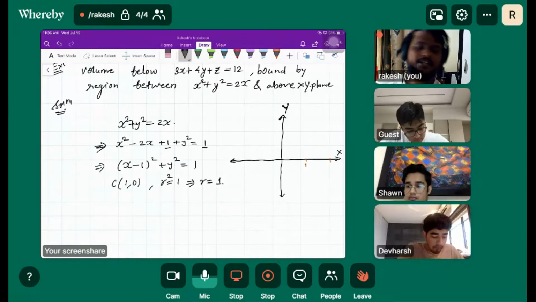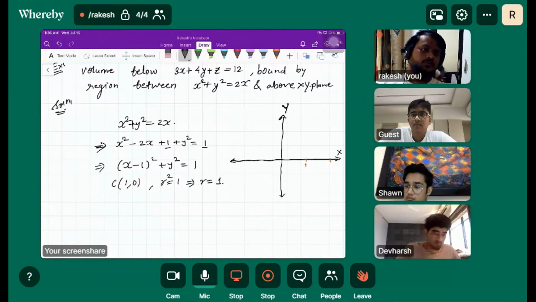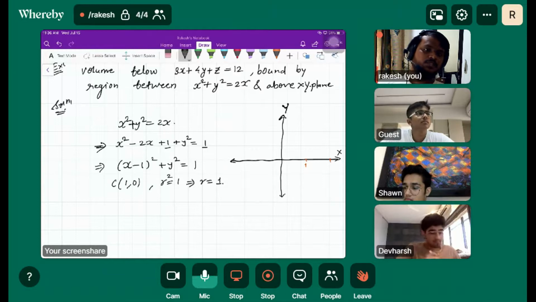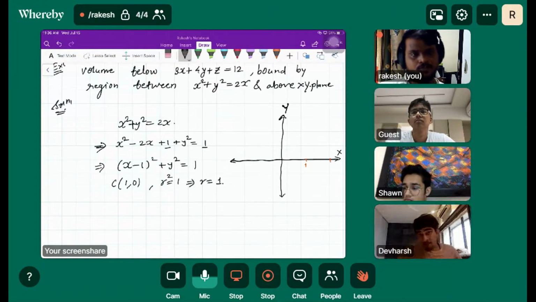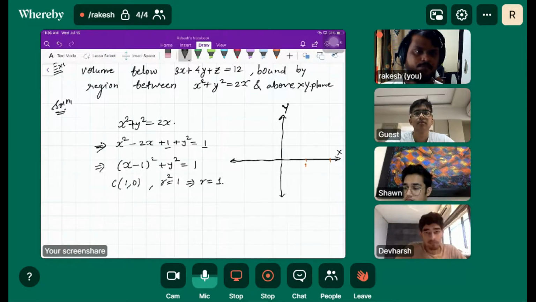See, we have to find the region between x square plus y square is equal to 2x, above the xy plane, and below 3x plus 4y plus z is equal to 12. What is 3x plus 4y plus z is equal to 12? It's a plane. Perfect.